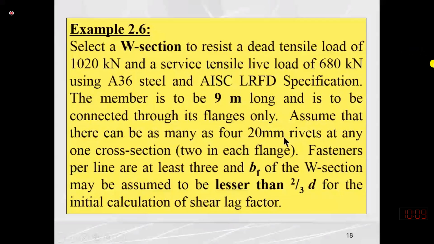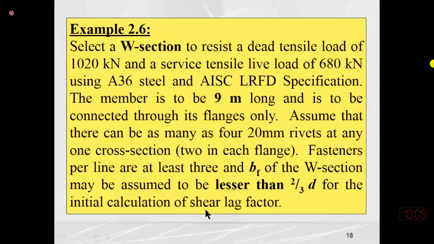A cross section means perpendicular to the length, transverse to the length if we cut the section. So at any section a maximum of four holes are punched, two in each flange. You will see this in a schematic diagram in the next slide.